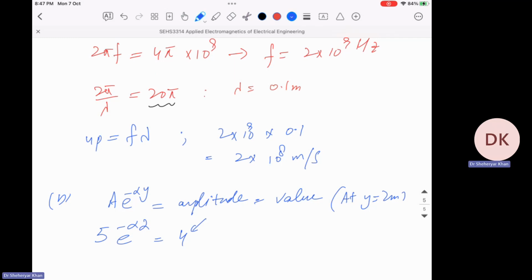Please mark this as the correct solution. Now you can find out the alpha here. This type of question we can set for the exam as well as for the midterm.